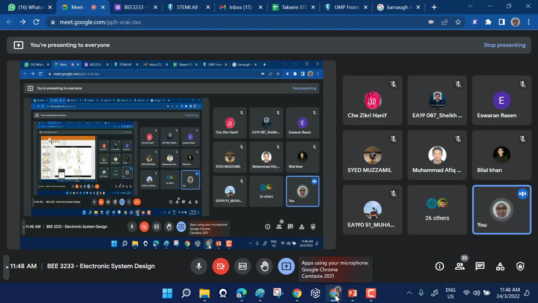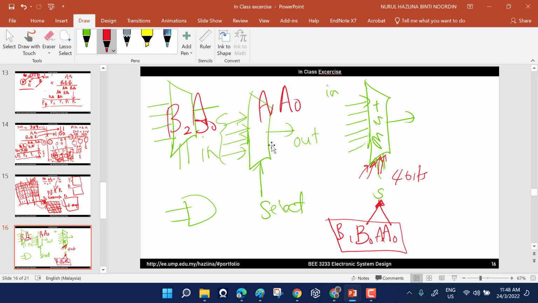So far until here, okay? When you have 4 bits for select, how many bits will your input be? Anyone remember the rule of thumb for multiplexer? 2 to the power of select is equal to your input.